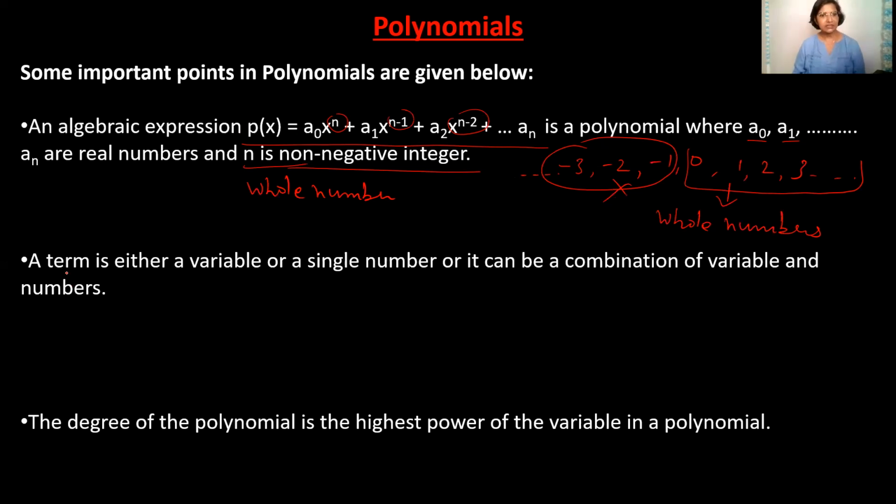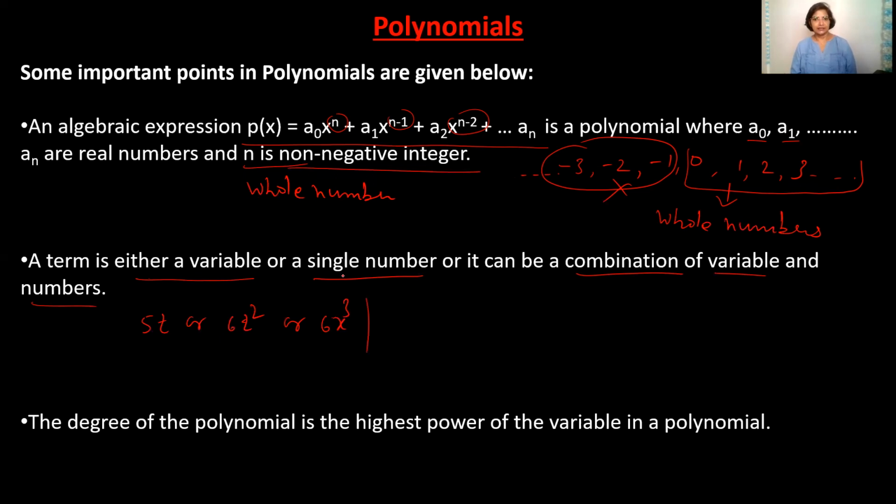The next point is that a term is either a variable, or a single number, or a combination of variables and numbers. Either a variable, first we will write here 5t, or 6t square, or 6x cube. That is one thing.